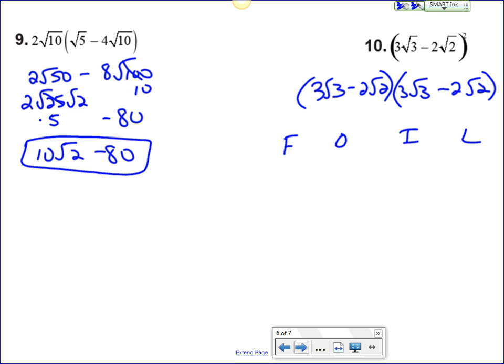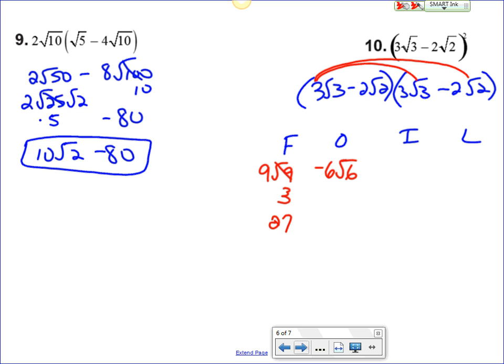So I've got 3 root 3 times 3 root 3, which should be a 9 root 9, but that's really a 3, so it's really 27. Okay, and then I've got a 3 root 3 times 2 root 2, which should be a negative 6 root 6.